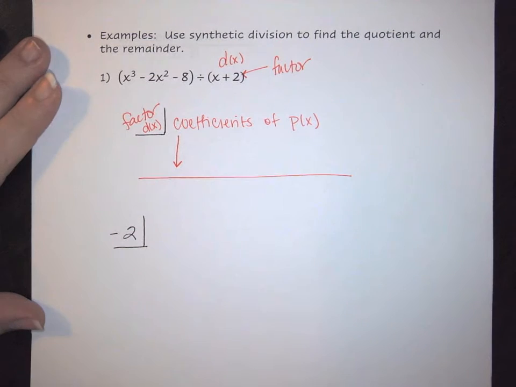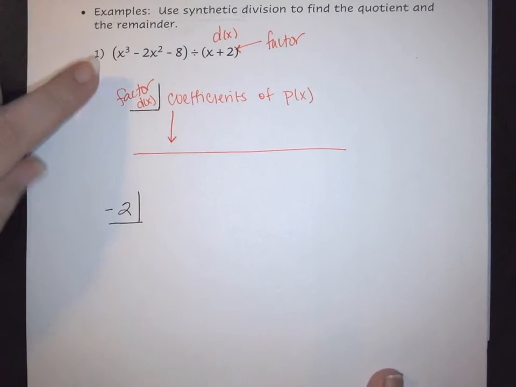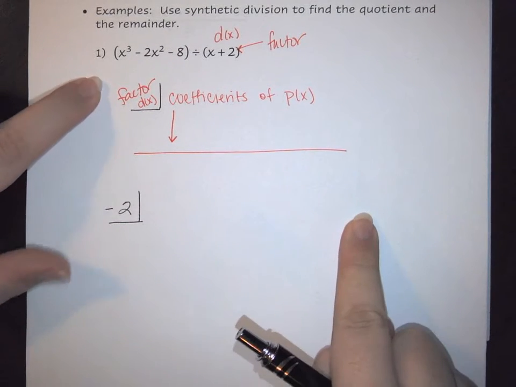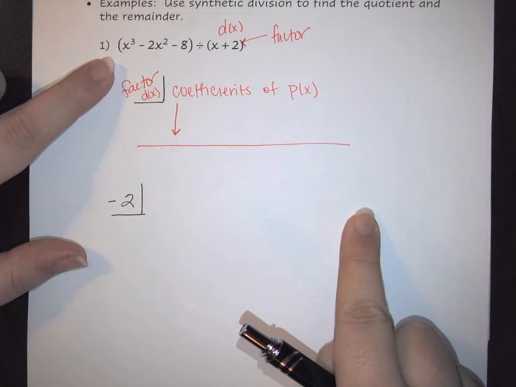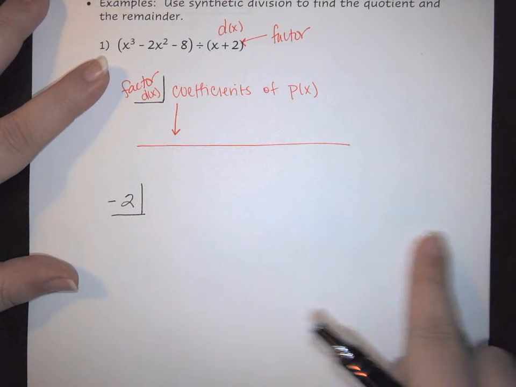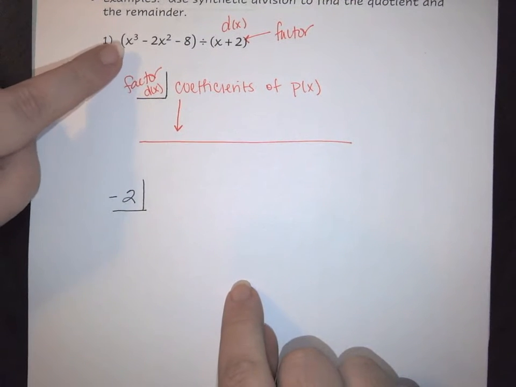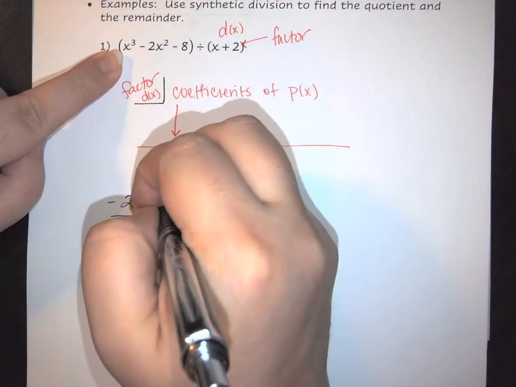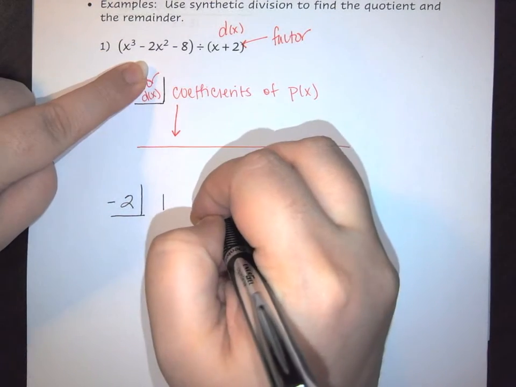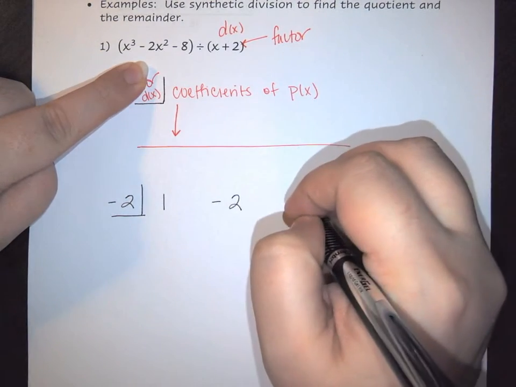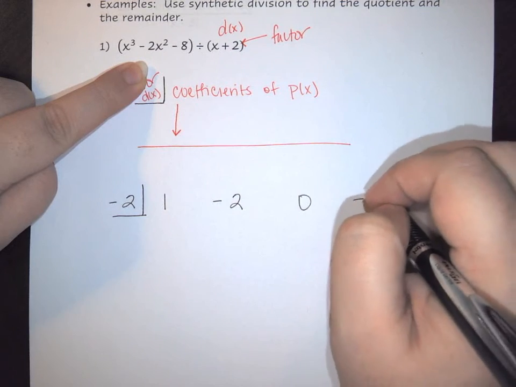So the negative 2 goes in. And then you have to use the coefficients of your polynomial in descending order and in its completion. So if you look, my polynomial would have a 1, and then a negative 2, a 0, and a negative 8.